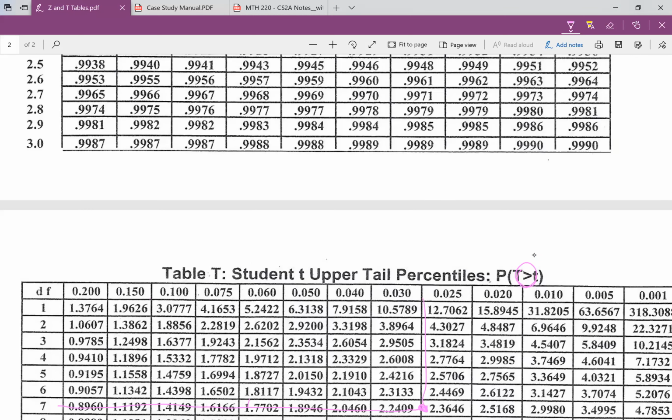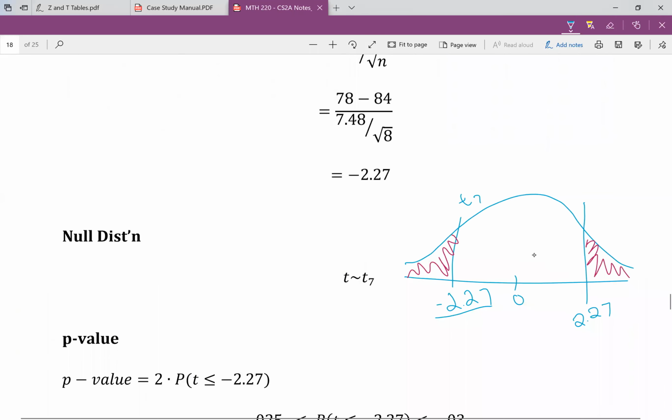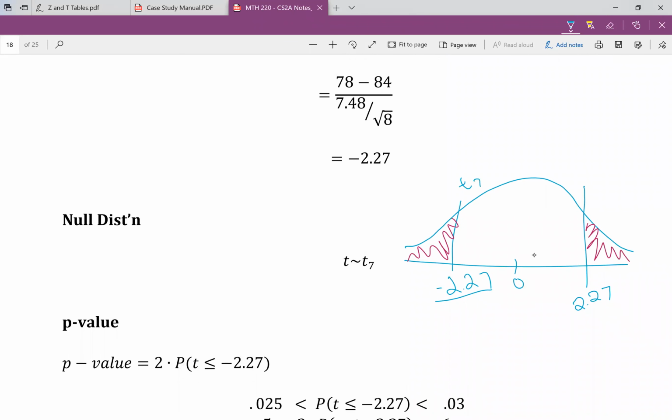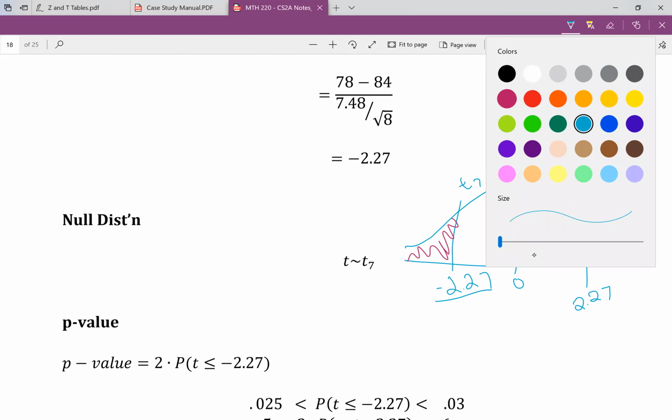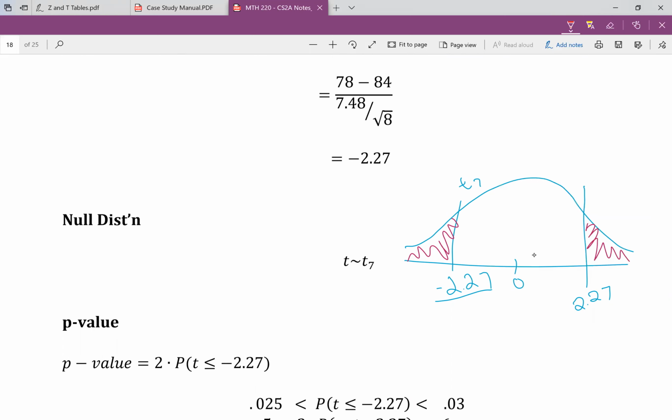So when we go up, we see we've got between 0.03 and 0.025. So that's the single-tailed probability, between 0.025 and 0.03. But what do I have to do in order to get what I really want? I have to double all these numbers.